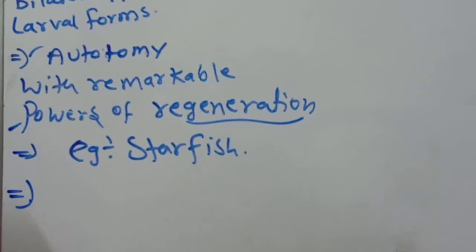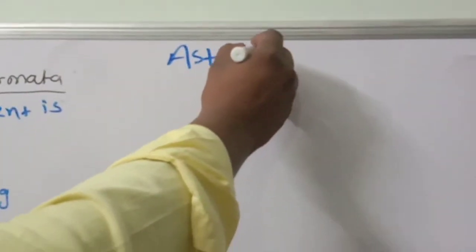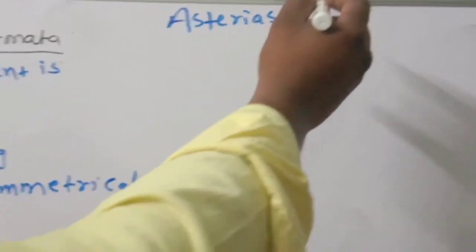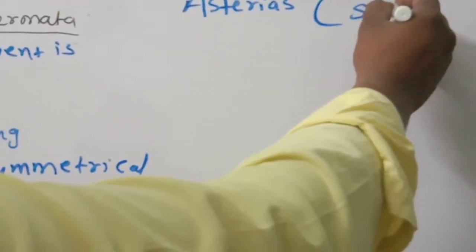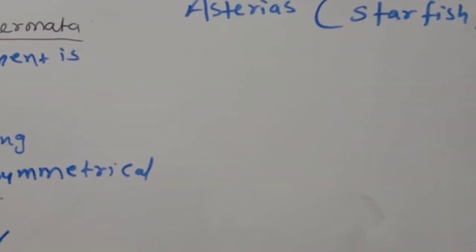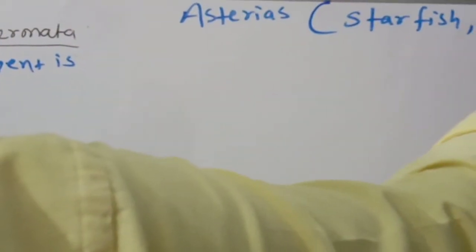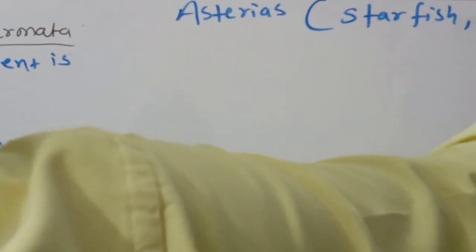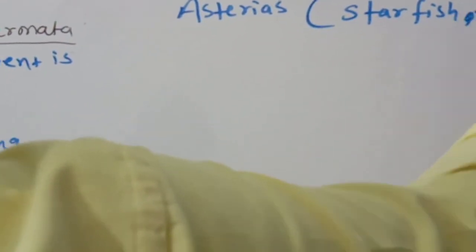Now we are going to discuss some examples of echinoderms. Number one, Asterias. Asterias means starfish, also called sea star. This point you should remember.